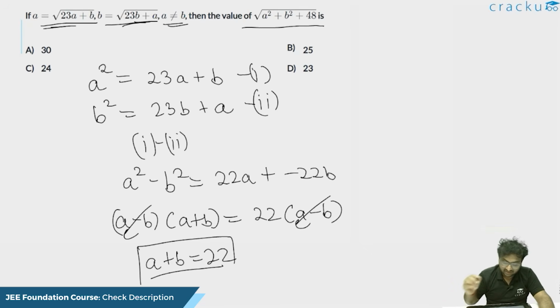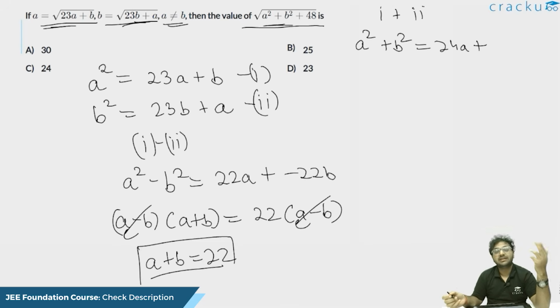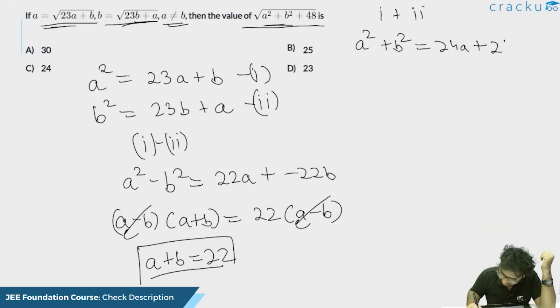And now in the question it is asked a square plus b square. So we can add both the equations, 1 plus 2. Left hand side will become a square plus b square, and right hand side would be 23a plus a, which is 24a, plus 23b plus b, which is 24b.